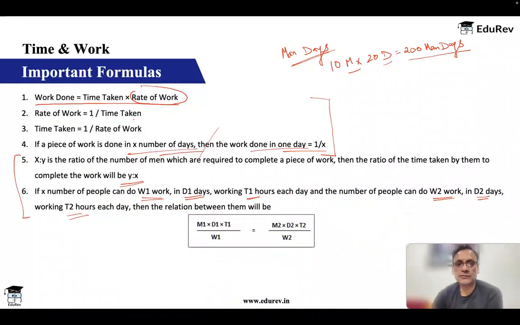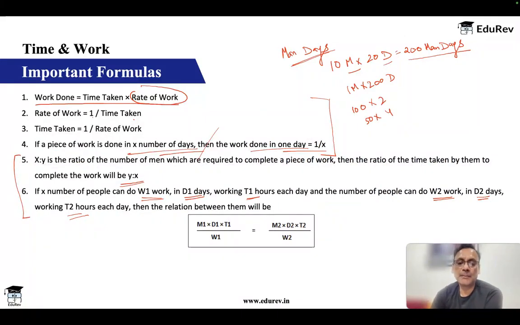So for example, if you give me only one man, he's going to take 200 days to finish the work, because 1 into 200 is 200. If you give me 100 men, they are going to need 2 days, because 100 into 2 is 200. If you give me 50 men, they are going to need 4 days, because 50 into 4 is also 200.